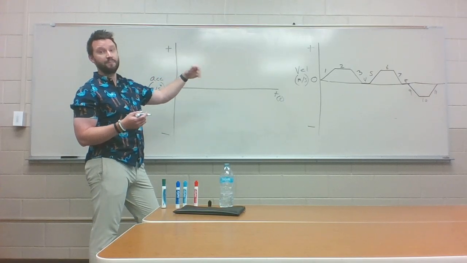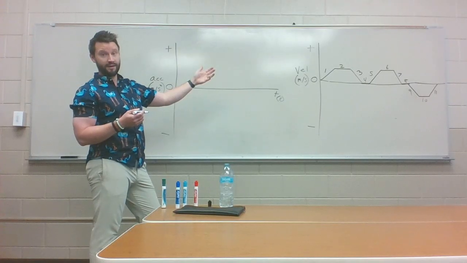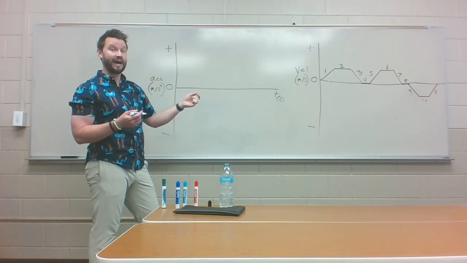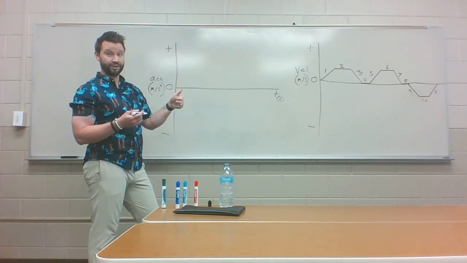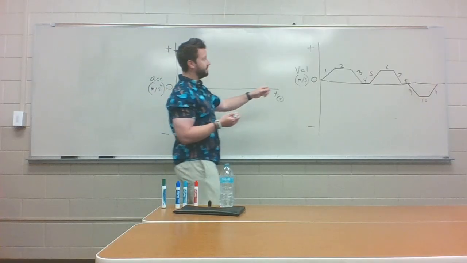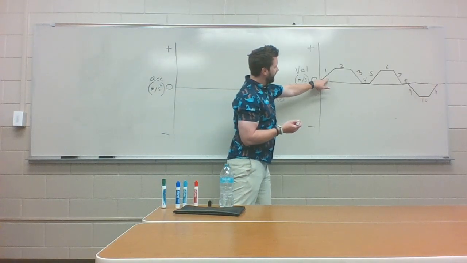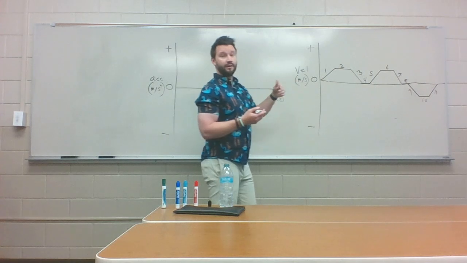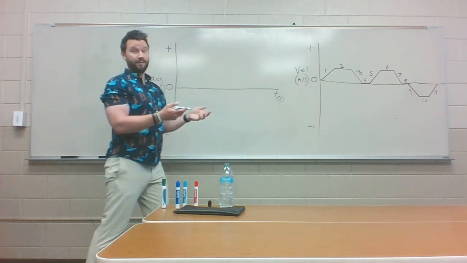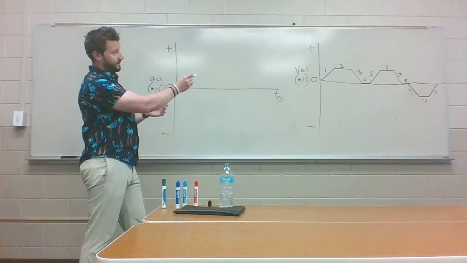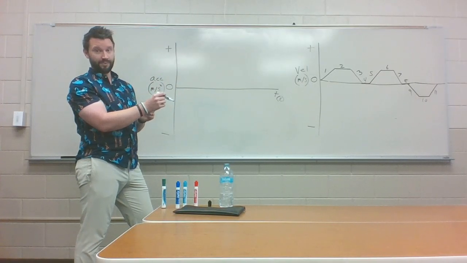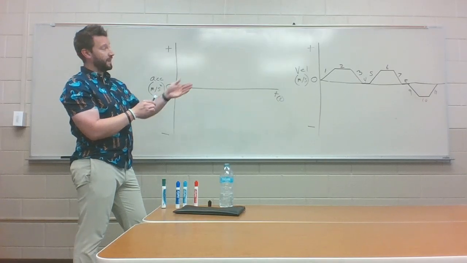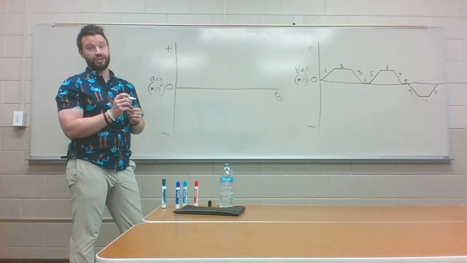Positive velocity means positive direction. If you look at your position graphs, you would simply say the line is moving up for direction. So positive direction, doing what? Speeding up, because we are getting further away from 0. So we're speeding up in the positive direction.